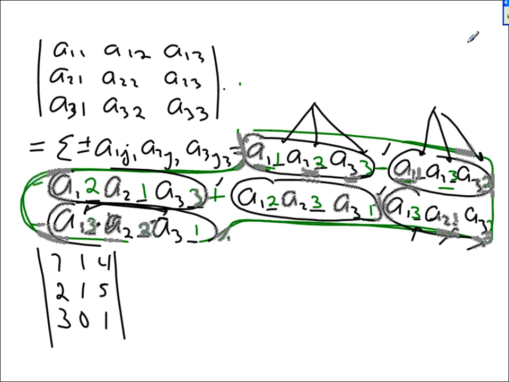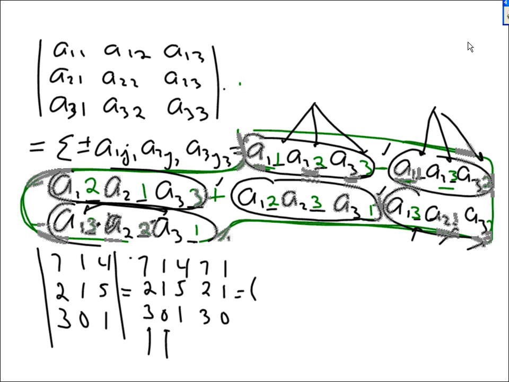The first thing you do is copy it down. 7, 1, 4, 2, 1, 5, 3, 0, 1. And the first column, 7, 2, 3, write it down at the end, and then write down the second column at the end. And it's going to be one set of numbers being added minus another set of numbers.